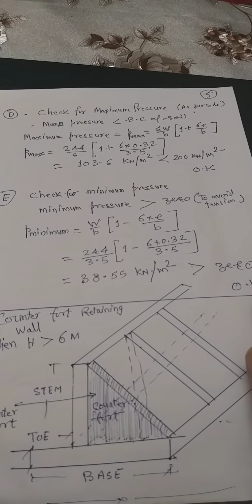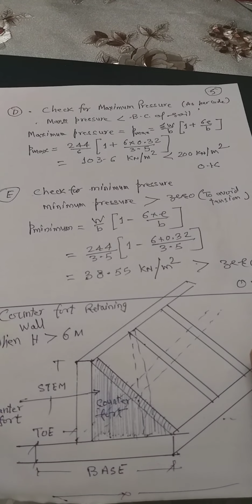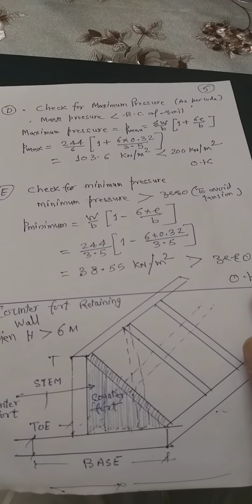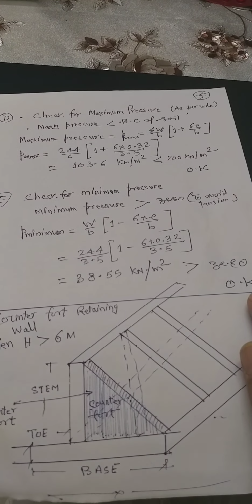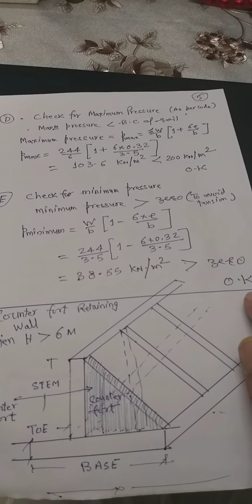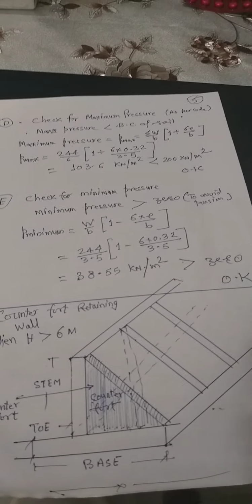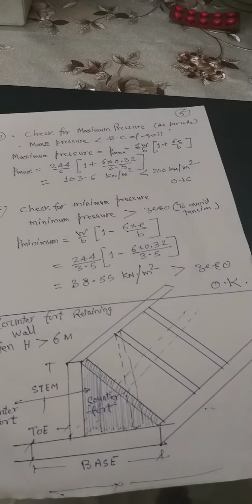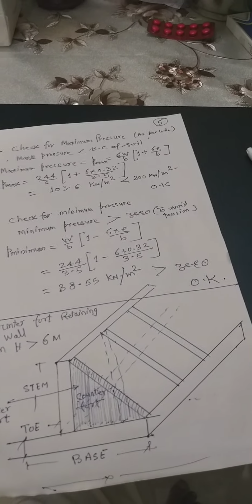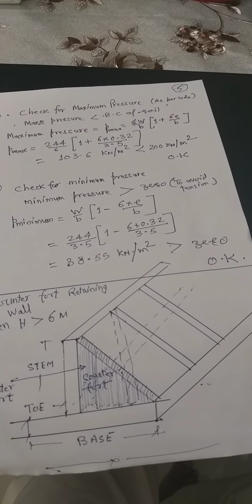Then 1 plus 6E upon B. Here I have committed a slight mistake. It should be multiplied with something. I have to see whether I am right or wrong. But at this stage, consider it is 103.6 kilonewton per meter square, which is less than 200 kilonewton per meter square.